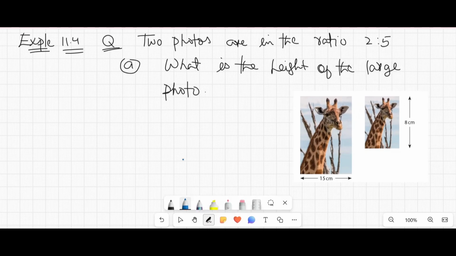So this question is about the two photos in the ratio 2:5. So what is the height of the large photo? Now it's asking about the height of this giraffe. This is the large photo, and this is the small photo.